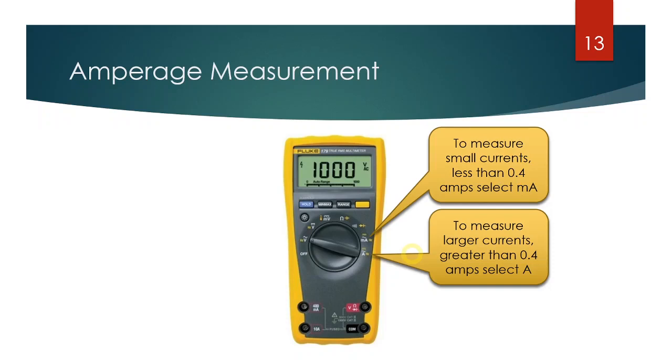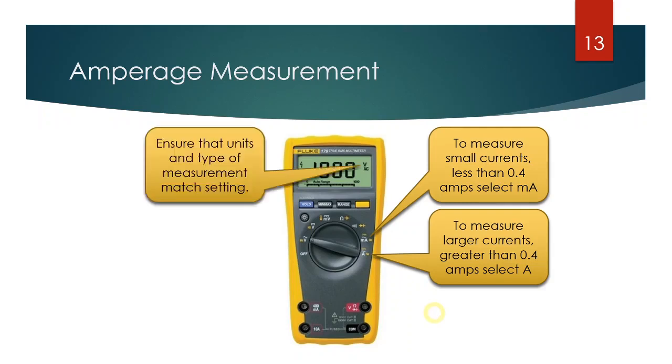If you're measuring AC or DC current less than 400 milliamps, you're going to use this setting right here, the lower one. And if it's AC or DC for the second one, you're going to use that one right there. Make sure when you set it that your setting is for the proper electricity that you're measuring, whether it's AC or DC.